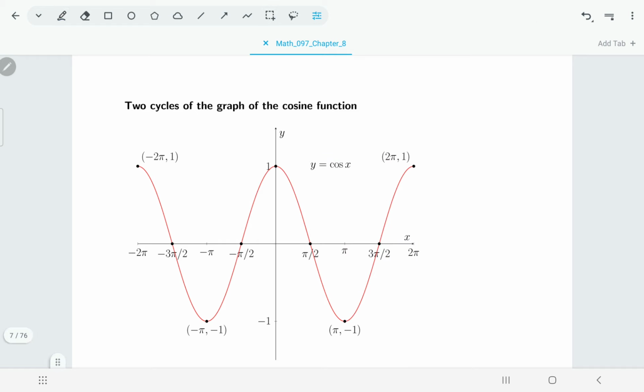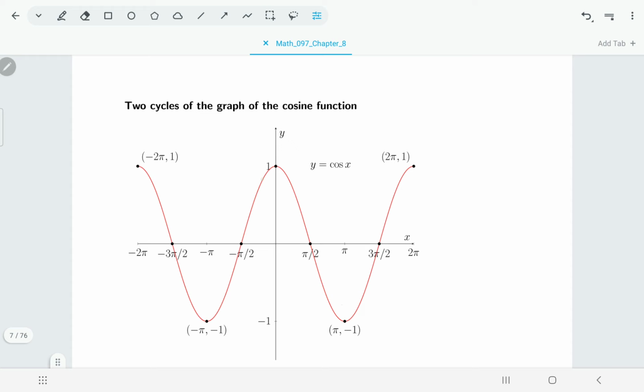This also means that when we're looking at the graph of a trig function, if it's oscillating like this, going up and down and up and down, it could be a cosine graph, or you could describe it as being a sine graph. So this particular graph here, I'm saying it's y equals cosine of x, but I could also say that it's a shifted graph of the sine function.